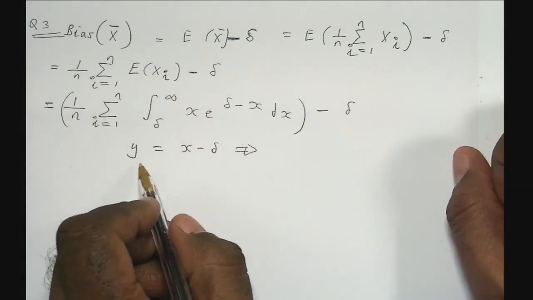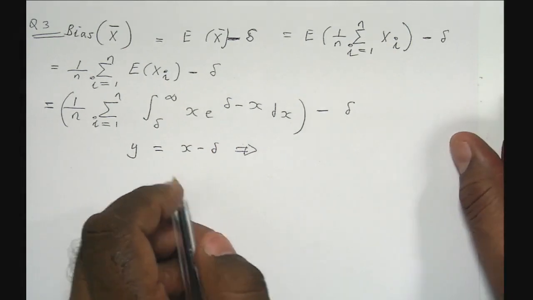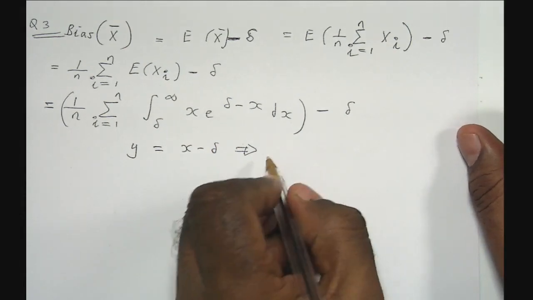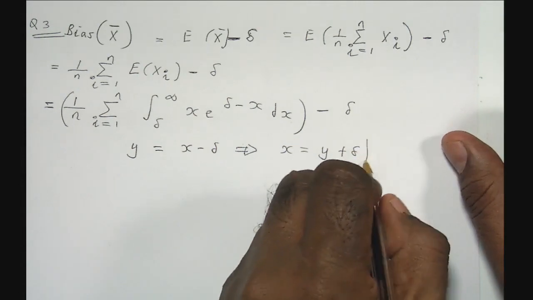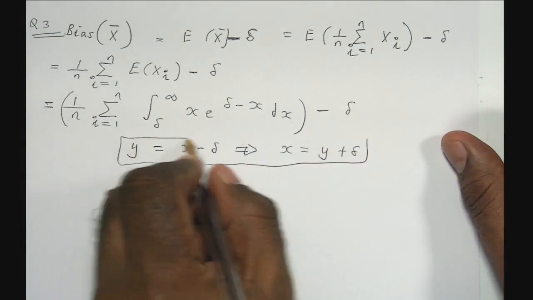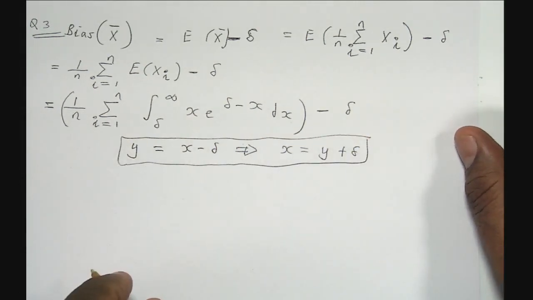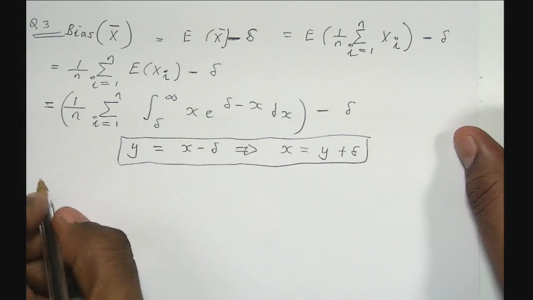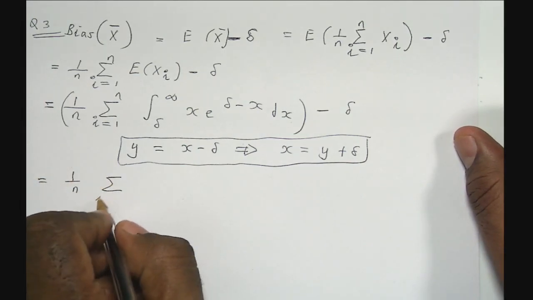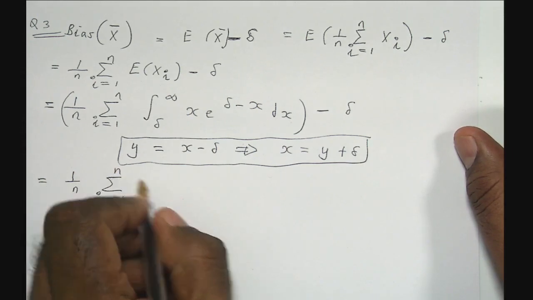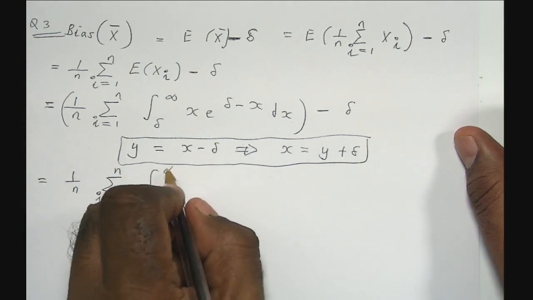So if you do the substitution y equal to x minus delta, then x equals y plus delta. Put this substitution into this. You get 1 over n times the sum. The limits of integration go from 0 to infinity.